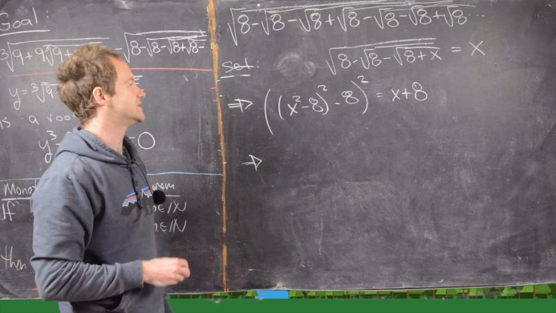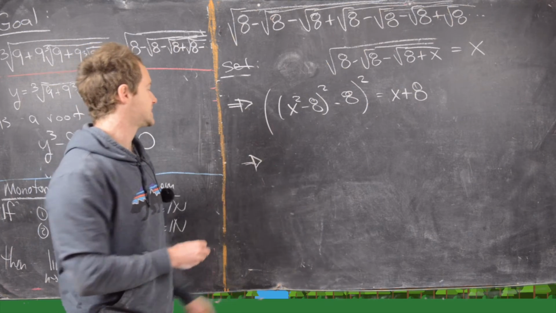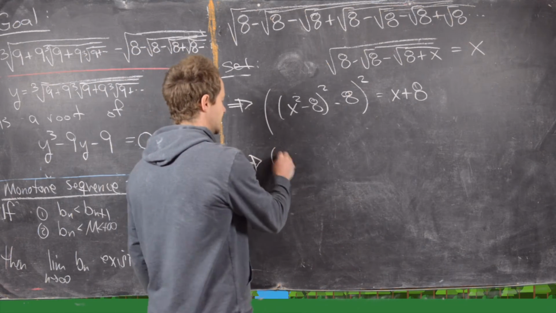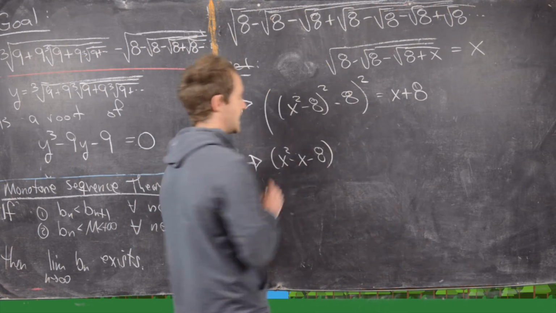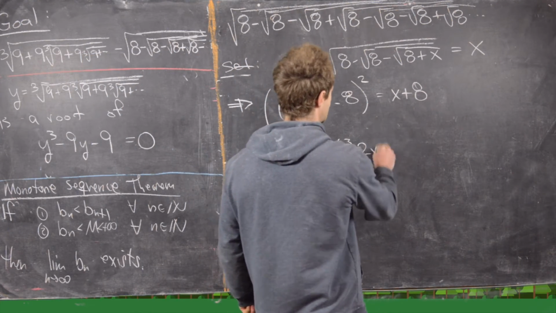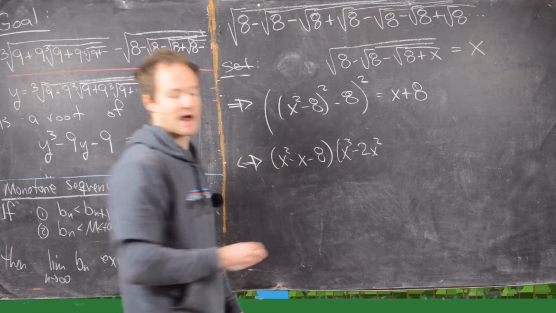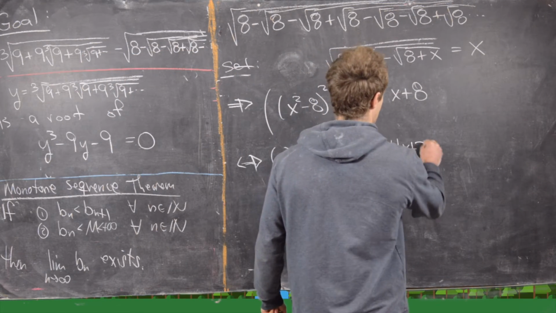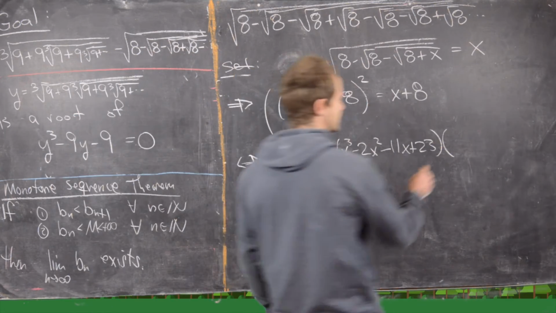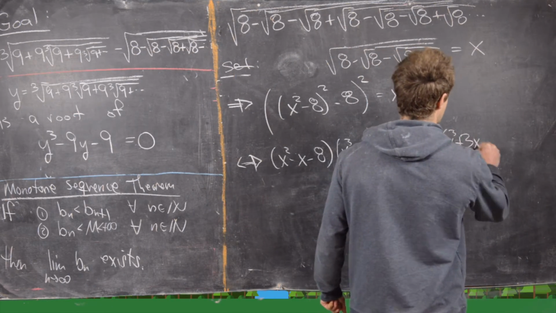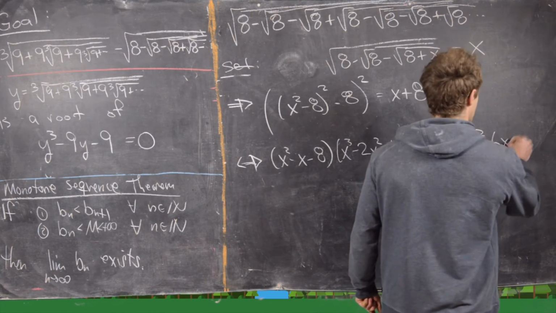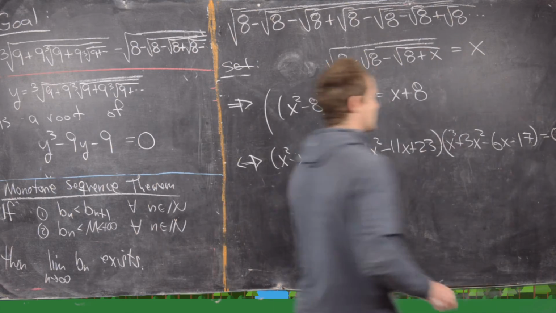But luckily, and I won't do all of the gnarly details, what we can do from here is notice that this is equivalent to the following polynomial equation. So it's (x squared minus x minus 8), and then (x cubed minus 2x squared minus 11x plus 23), and then finally (x cubed plus 3x squared minus 6x minus 17) equals 0.